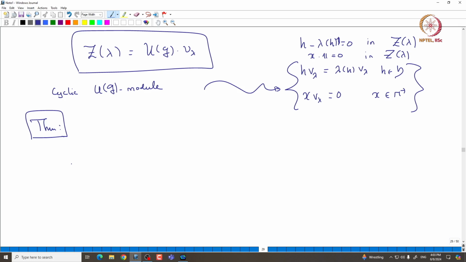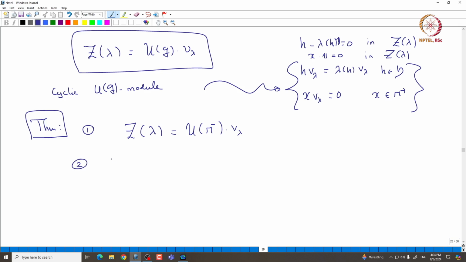Since we have the PBW basis, you can easily see that Z of lambda is equal to U(n minus) applied on v lambda. Because all n plus elements kill it, and the H part acts as a scalar, only the n minus parts give you something important. This is the first statement.